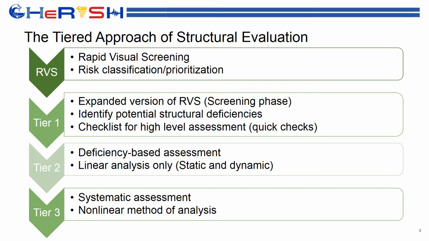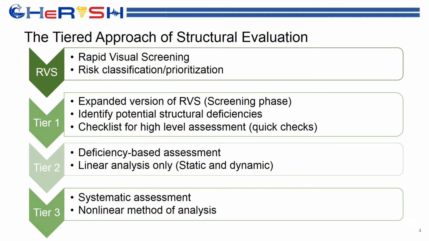Now, following the RVS results, after we were able to classify these structures according to their risks, then we continue by identifying the buildings that are at risk to further assess them, to focus on identifying what we call the potential structural deficiencies.